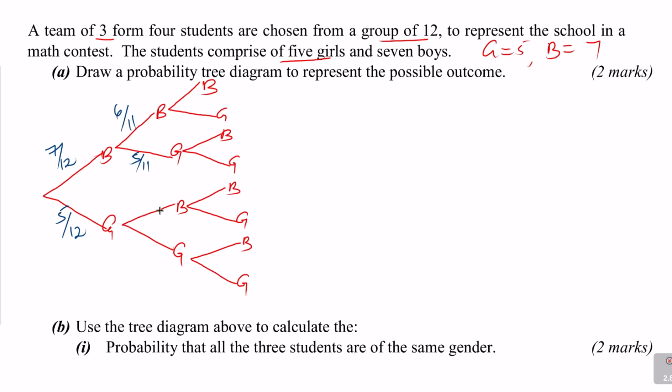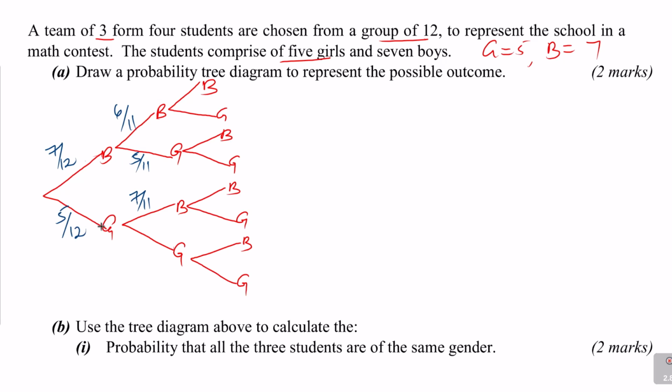For the other part, we're still on the second choice. We choose a girl, so the boys remain 7 over 12, and for the girl not 7 over 12 but 7 over 11, because already you have chosen 1 student, so they are not 12, they are 11.